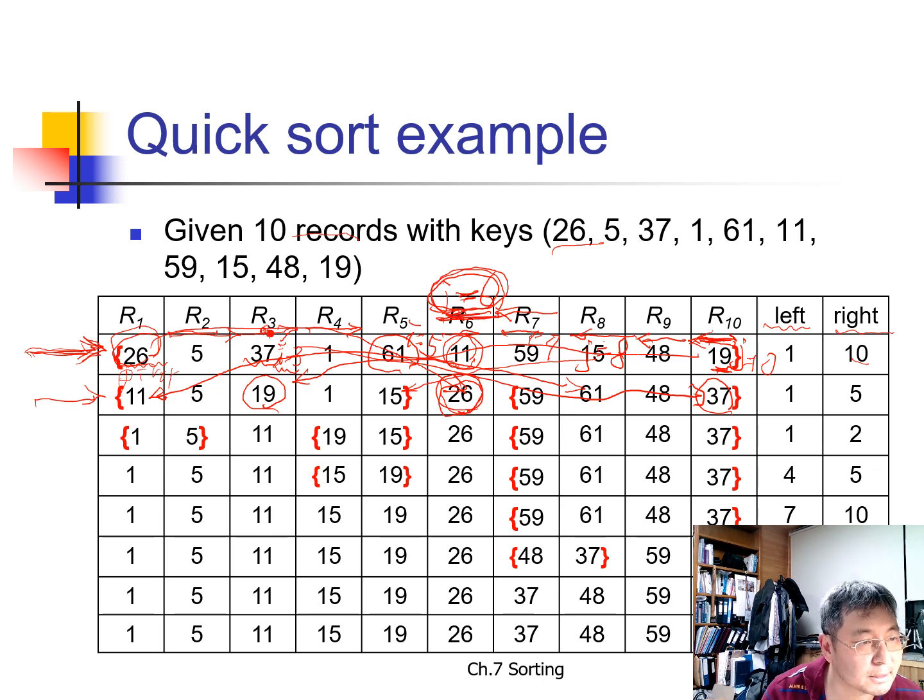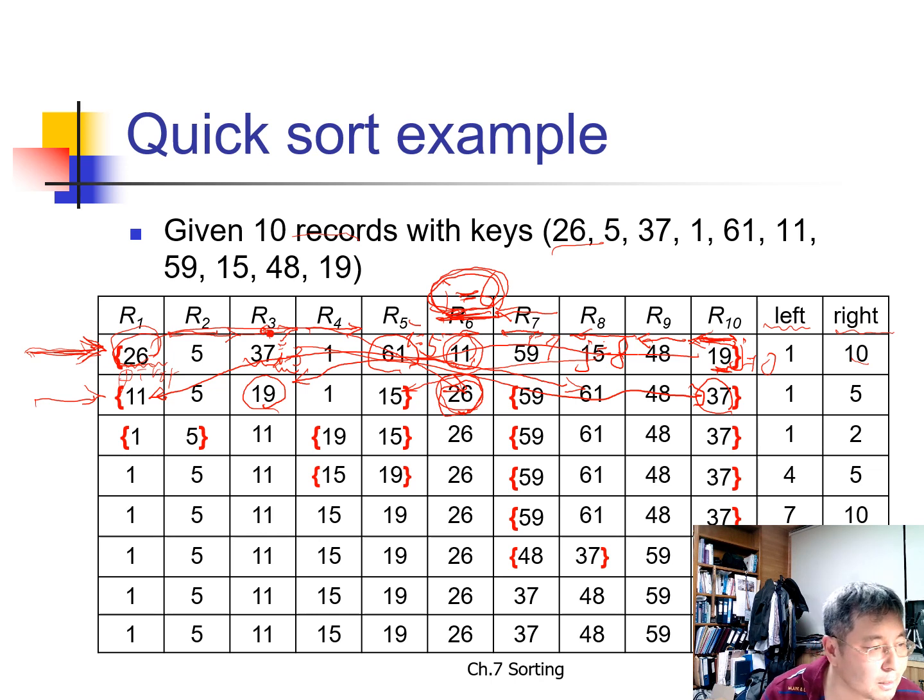The J value index was 6, so here 26's location is here. And then we have a left part and a right part.